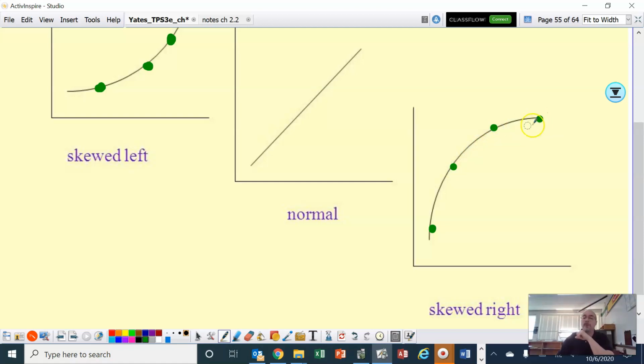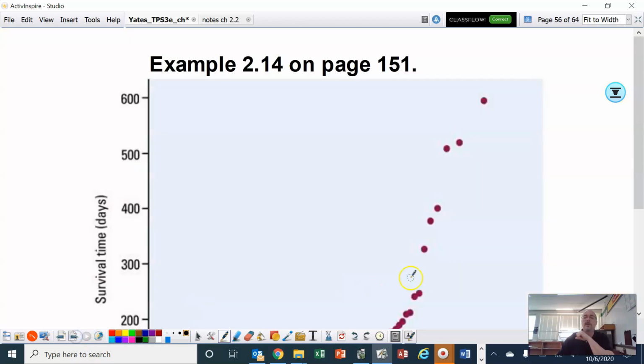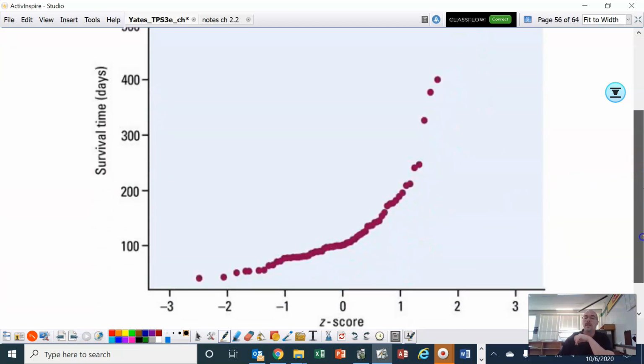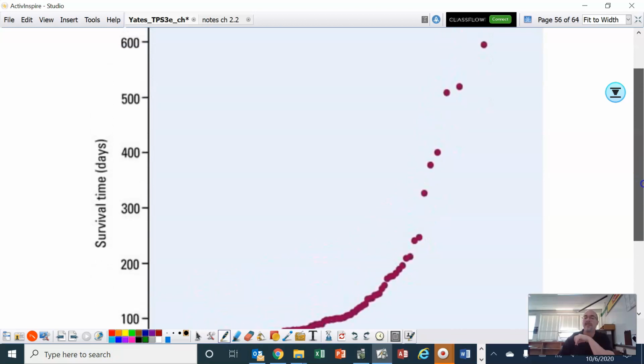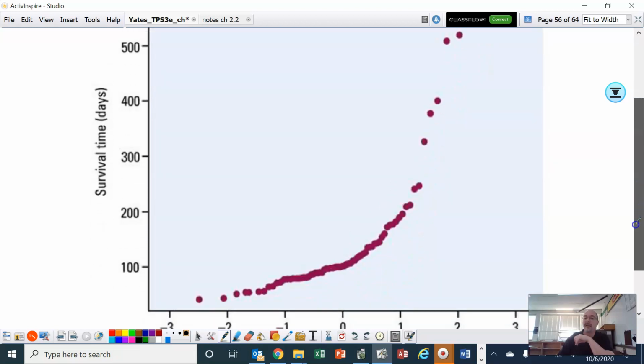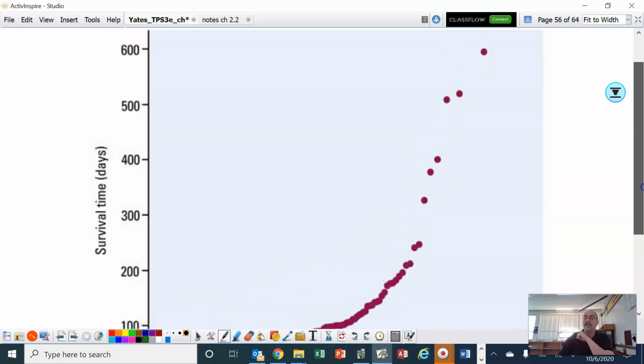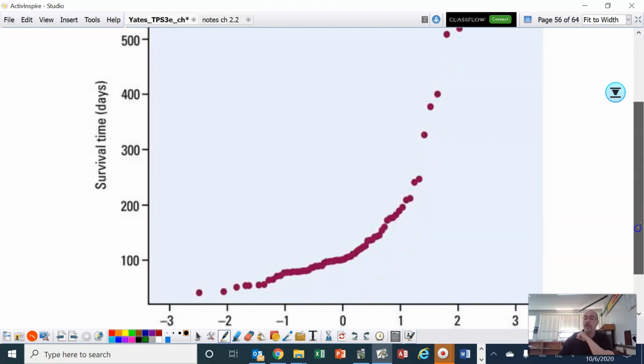Now, again, in the book, there are lots of different examples to look at. For example, here's 2.14 on page 151. We can definitely see that that is skewed to the left. But I want you to read that example and look at that picture again.